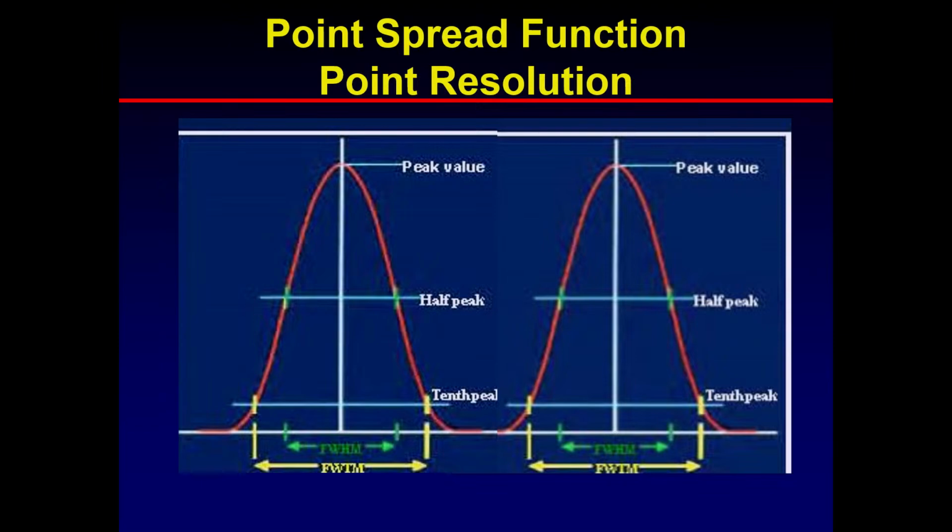And so if you have one dot that's imaged on the left, and one dot that's imaged on the right, the only way you're going to be able to discriminate between those dots is if the dots are separated by greater than the full width half maximum of the objects, okay? So you can see that yellow line, if those were two separate dots, that yellow line is the full width half maximum. So anything beyond the yellow line, two distinct points would be able to be identified. Does that make sense? Okay.